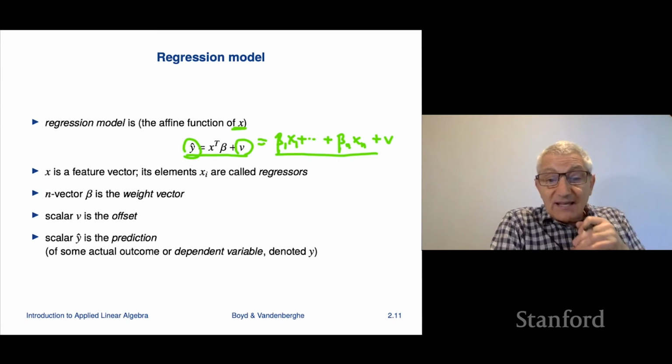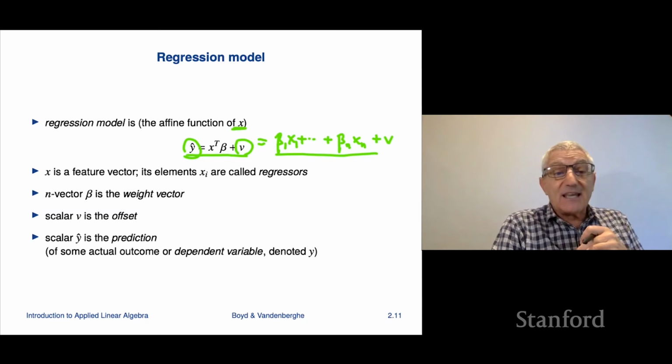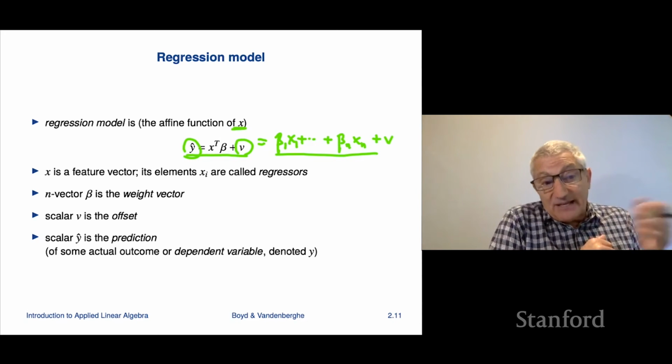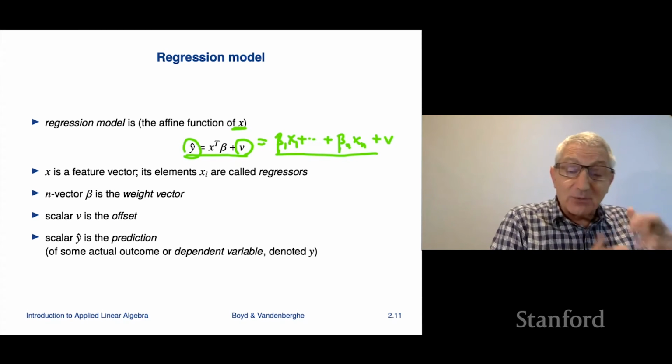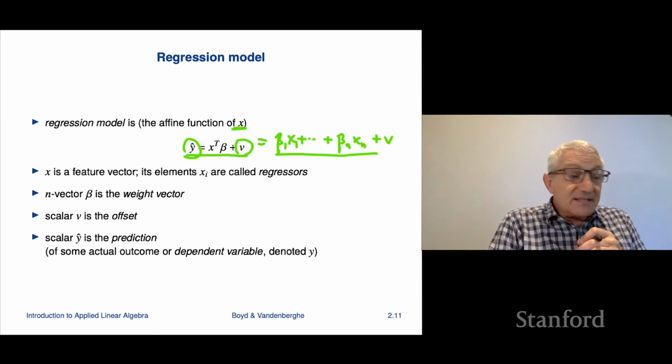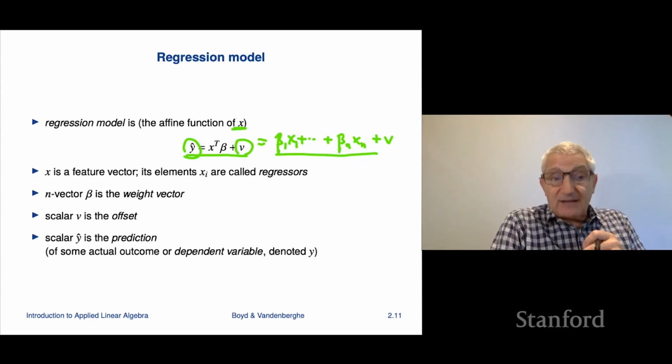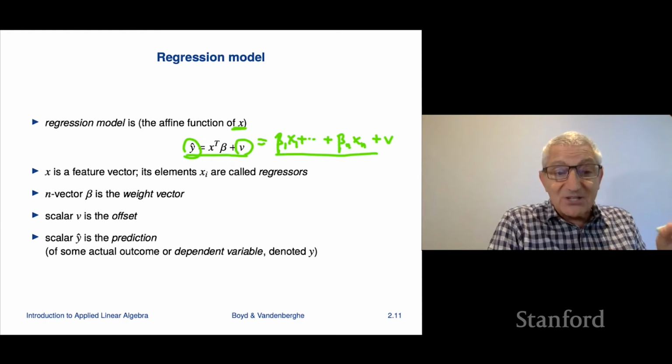And if we're trying to predict, let's say, lifespan, then I would hope that beta 7 is negative. A good model would have beta 7 negative, and that means that if you're a heavy smoker, our prediction of your lifetime is going to go down. In fact, quite literally, beta 7, which is negative, is going to be the number of years our model predicts you will lose in your lifespan if you're a heavy smoker.